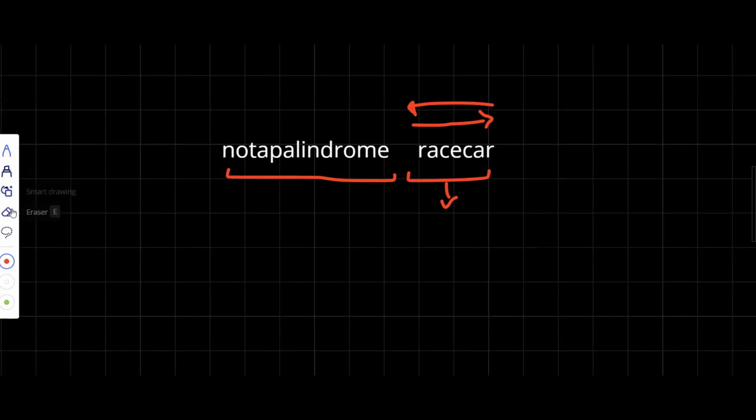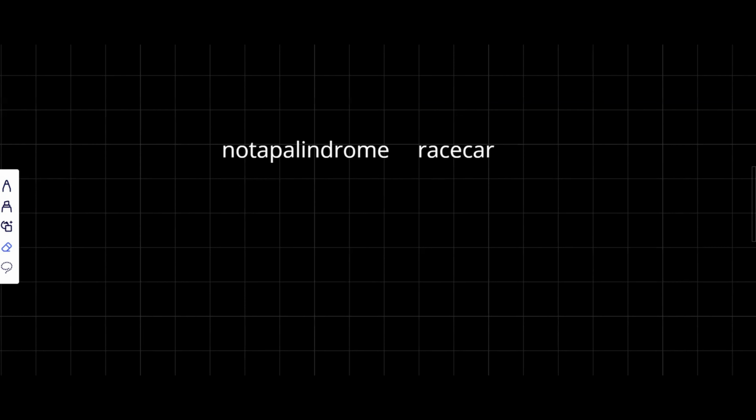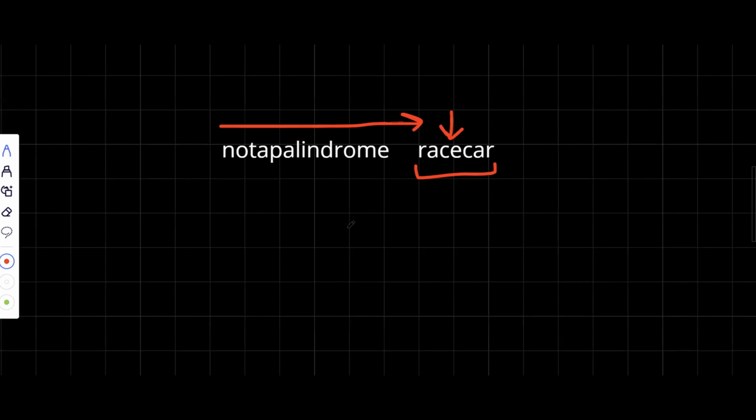So how can we solve this problem? The algorithm is pretty simple. At first, we have to iterate over the list of strings from left to right and consider each of the corresponding words. Now, suppose our current word is racecar. If I reverse the word racecar, the word will be the same, which is racecar.